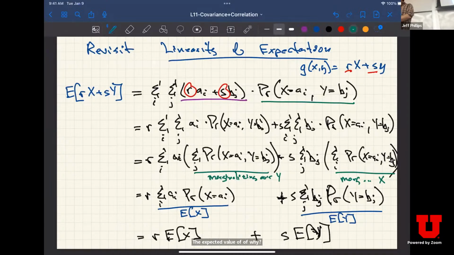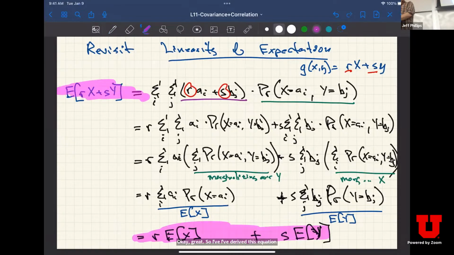So I've derived this equation, which is the linearity of expectation, which we had talked about earlier.